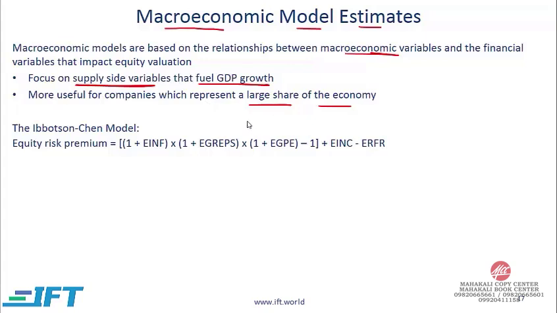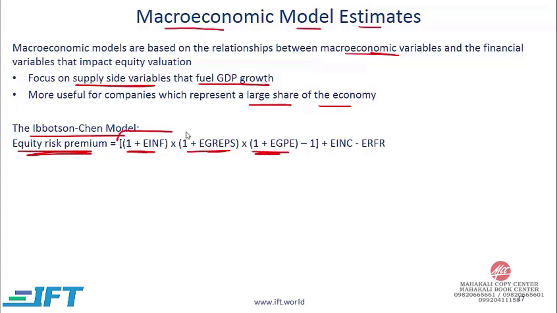One example of a macroeconomic model is the Ibbotson-Chen model, which you need to learn. Here is the formula for this model. The equity risk premium is 1 plus expected inflation multiplied by 1 plus the expected growth rate in earnings per share multiplied by 1 plus the expected growth in PE ratio, or the expected increase in PE ratio, and then minus 1.